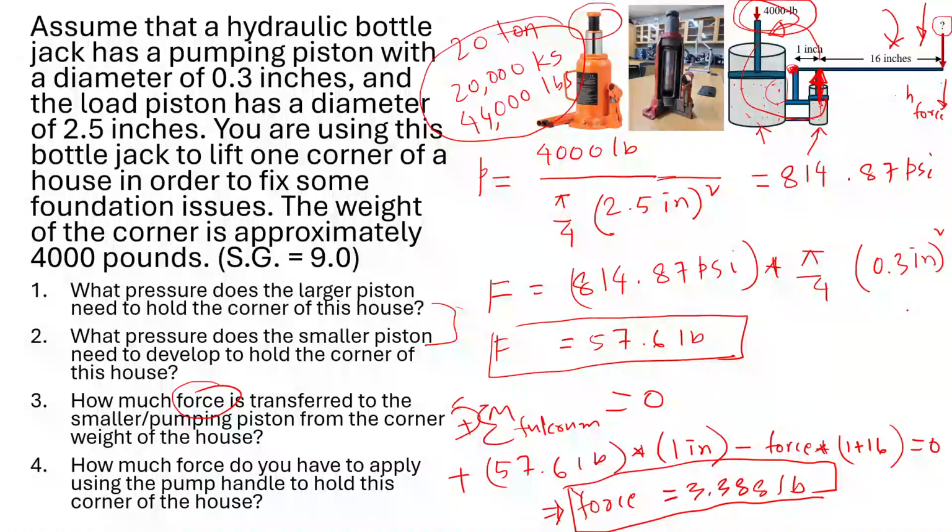In that case, instead of 4,000, if you use that 44,000 pounds, I have found that you only have to apply 37.27 pounds. So for the highest capacity of this cylinder, to lift 44,000 pounds or 20,000 kilograms, 20 tons, you only have to apply 37 pounds of force using your hand.